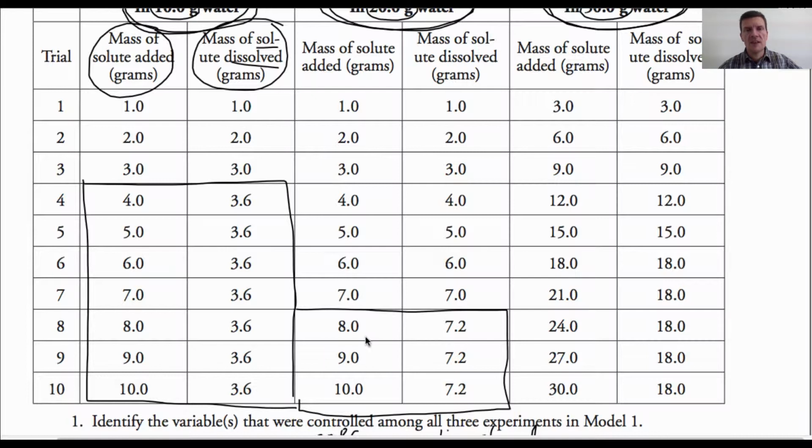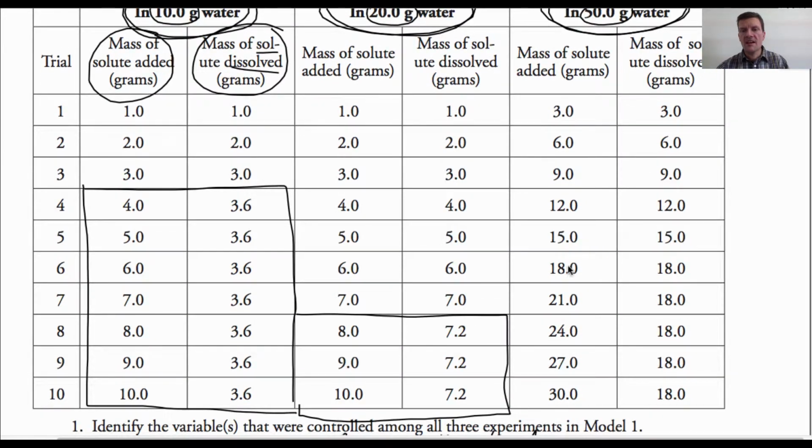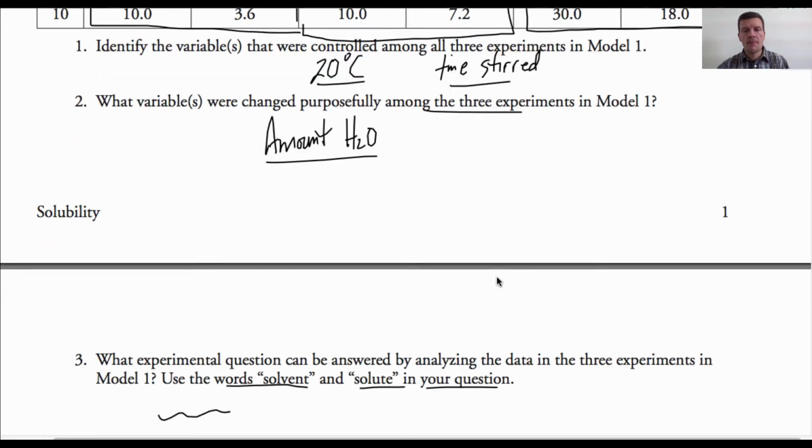So once you get past there, you're never going to be able to dissolve more. And over here, notice they're not adding by increasing amounts of 1, 2, 3, 4. They're adding by 3, 6. They're counting by 3s here. And we are maxed out at 18, right here, 18. Okay?